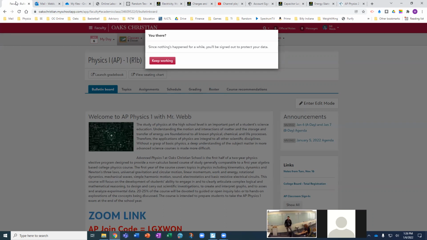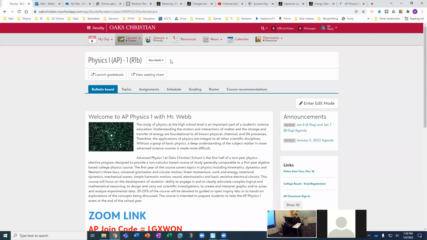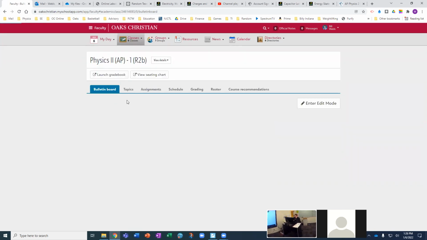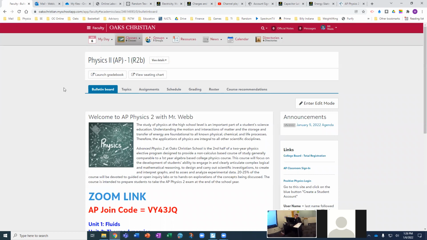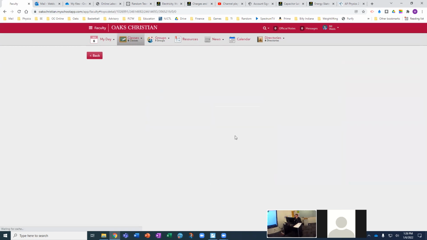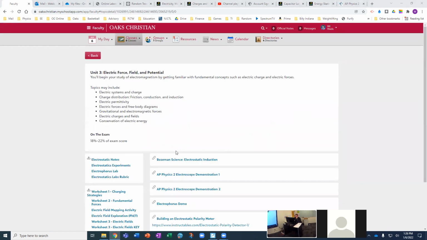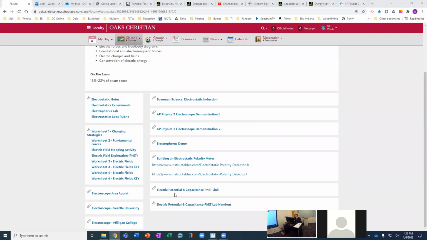So there are your paper copies. And for John and Finley, let me just show you. Are you seeing the browser okay? Good. If we go to topics, Unit 3, right down here, bottom right, there's the link for the PhET, electric potential and capacitance. And then here is the handout, hopefully it'll open shortly.